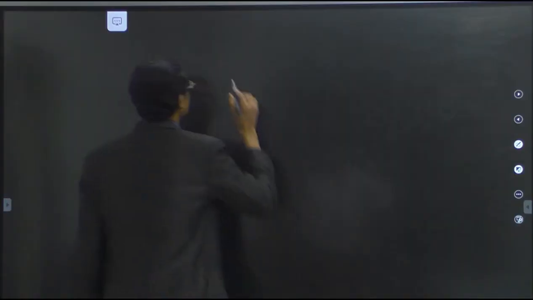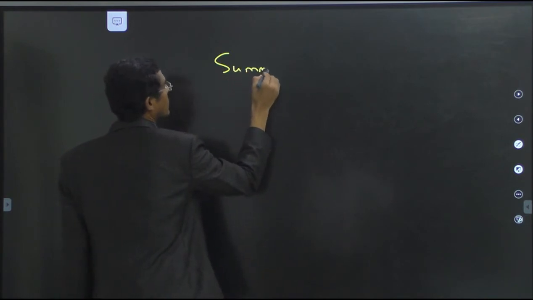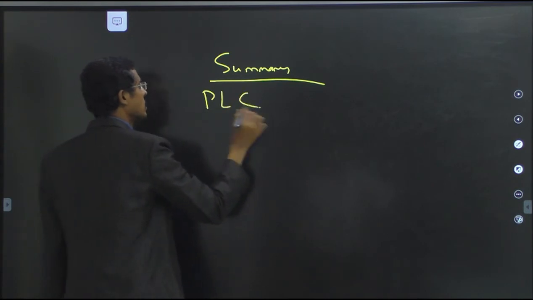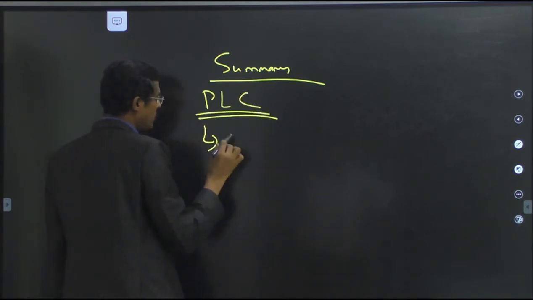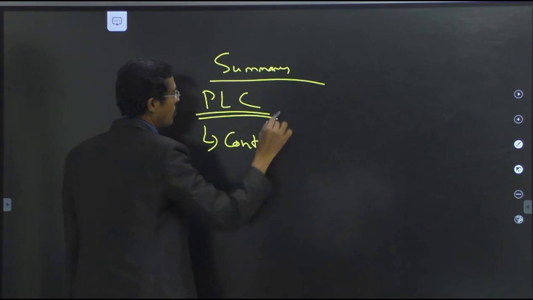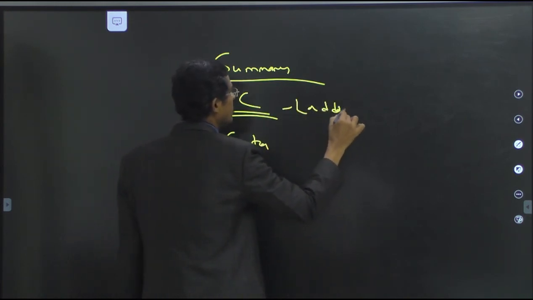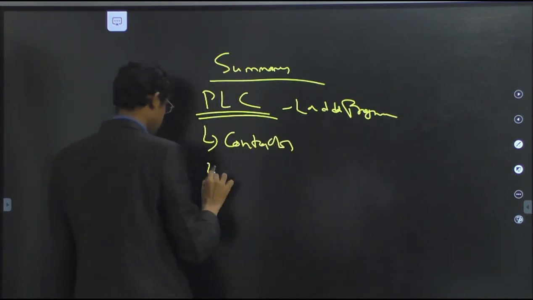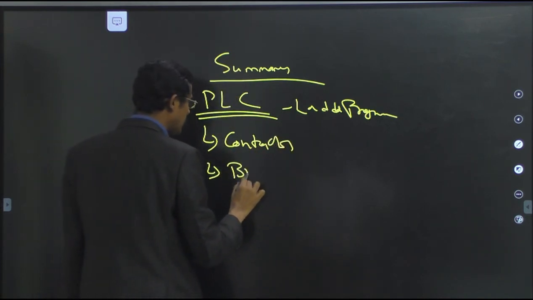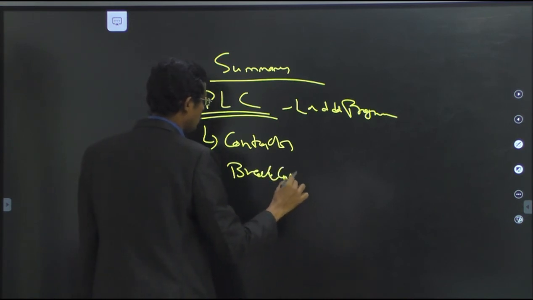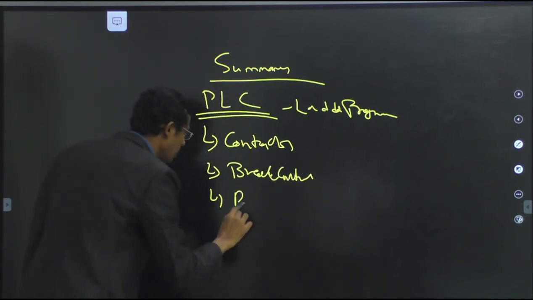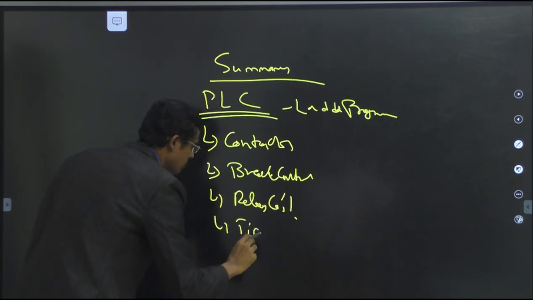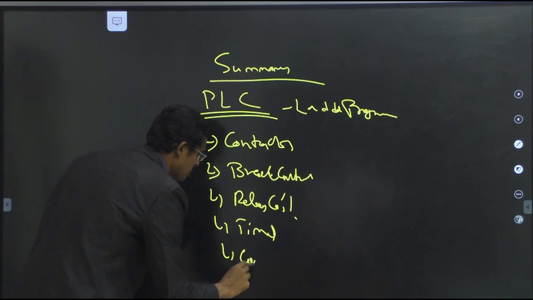Now, the summary. In today's class regarding PLC systems, we have seen about the contacts, about the ladder program, about the brake contact, about the relay coil, about the timer, and about the counters.